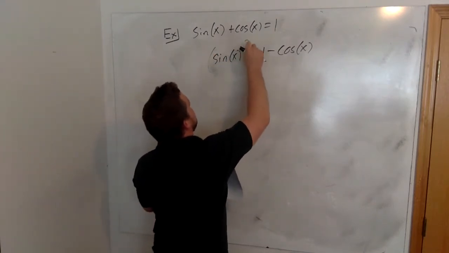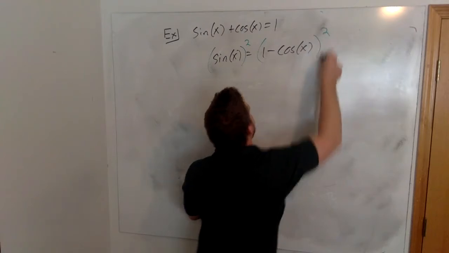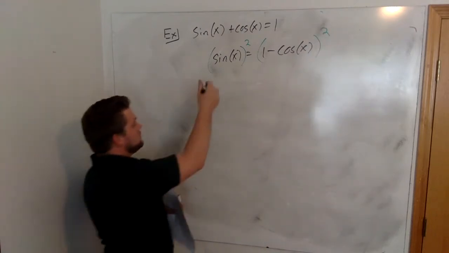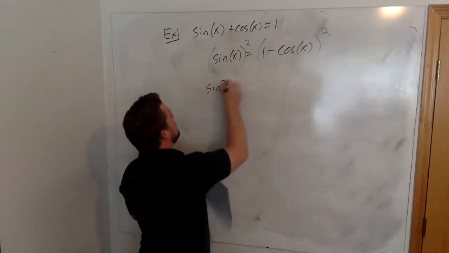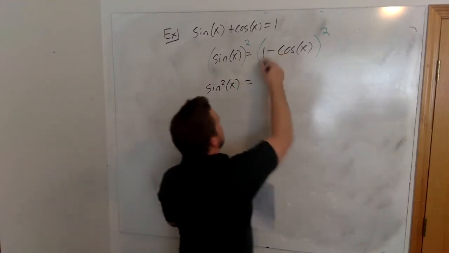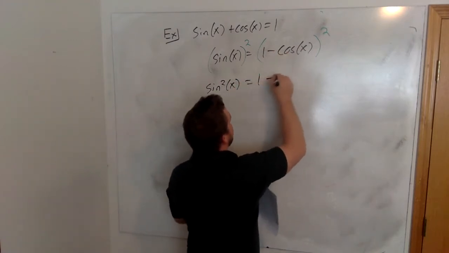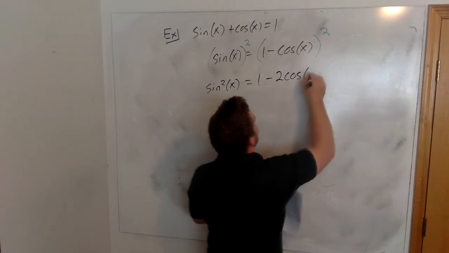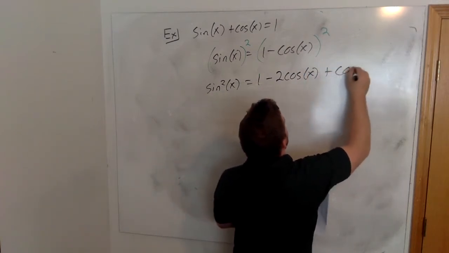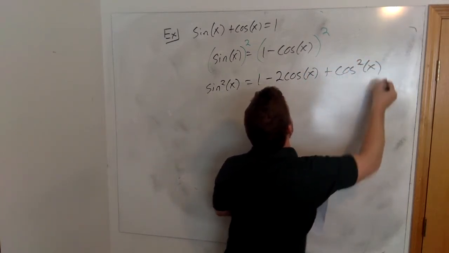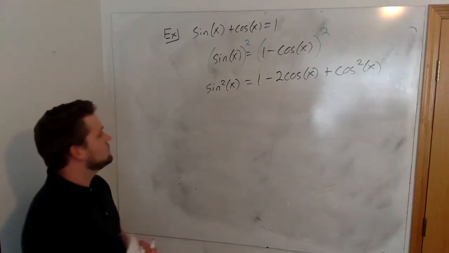So here we'll get sine squared of x is equal to, what will happen here? This will be 1 minus 2 cosine of x plus cosine squared of x. Okay?